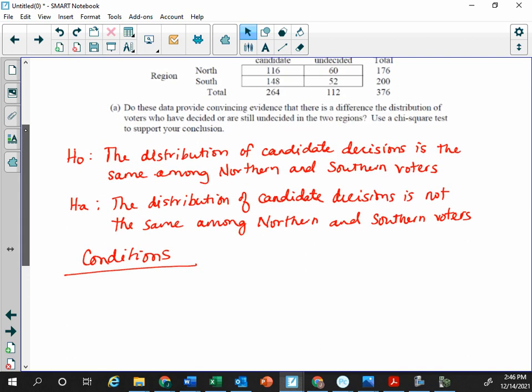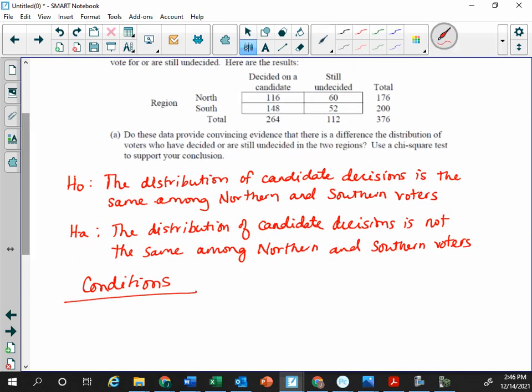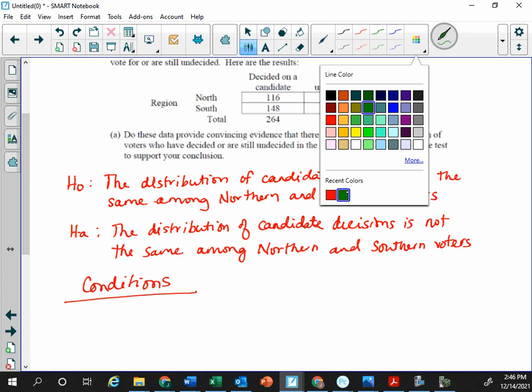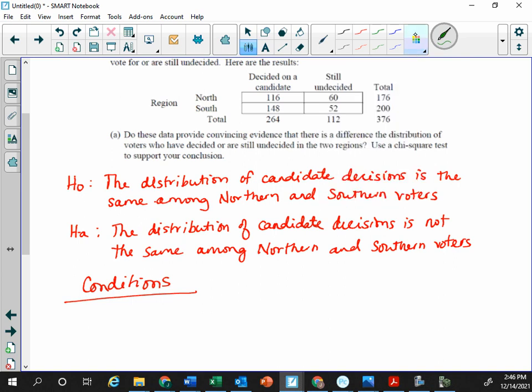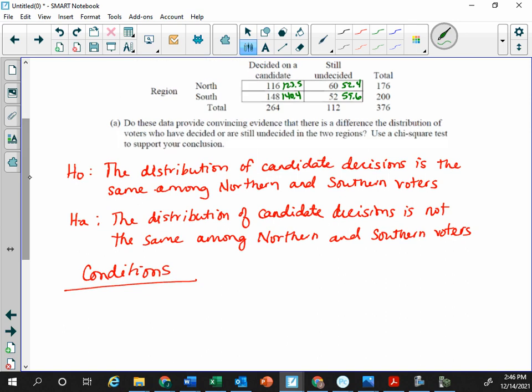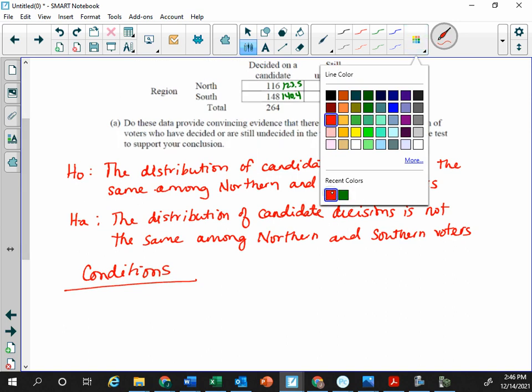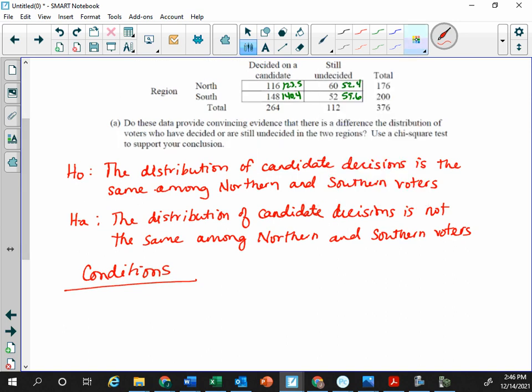So again, you could put them up here if you wanted to in your original chart. So yes, all expected counts are greater than or equal to 5.